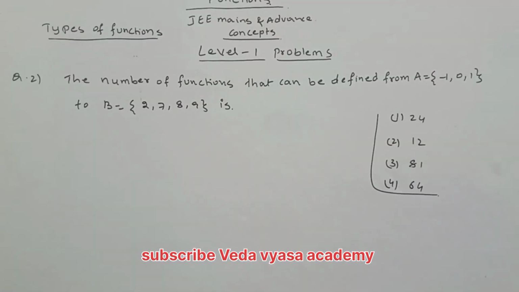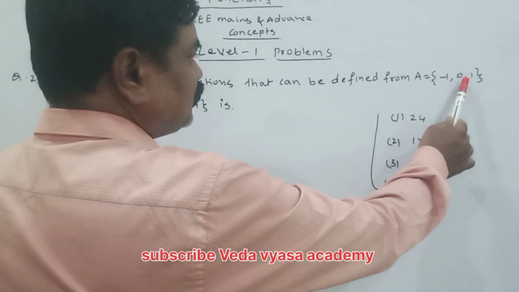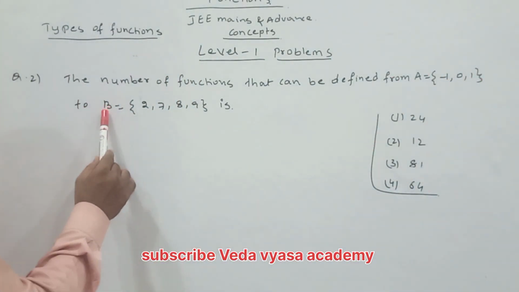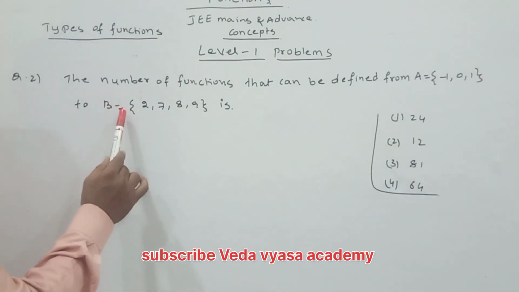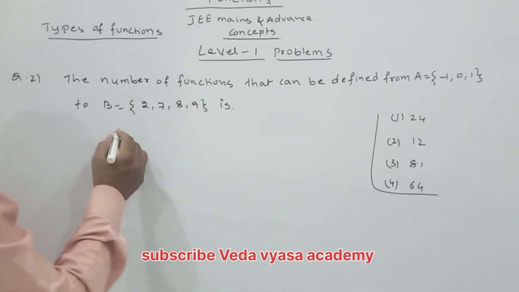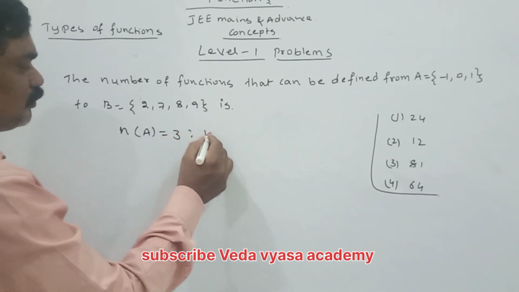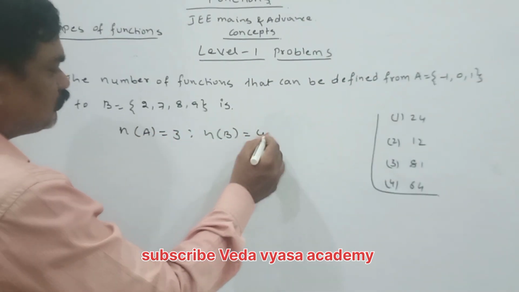Here we have the second problem. The number of functions that can be defined from set A equal to {-1, 0, 1} to set B equal to {2, 7, 8, 9}. So here the number of A is 3 and the number of B is 4.